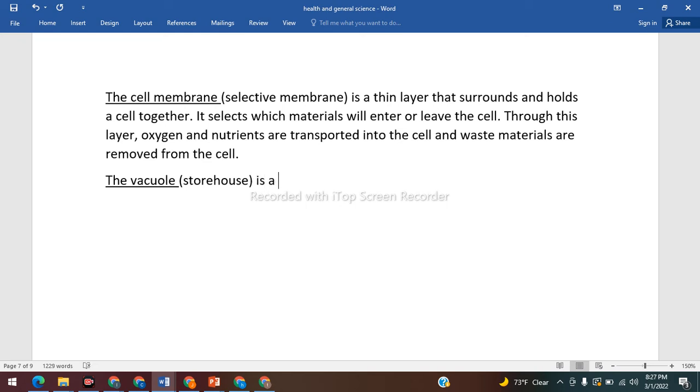It is a liquid-filled structure in the cell, embedded in the cytoplasm.